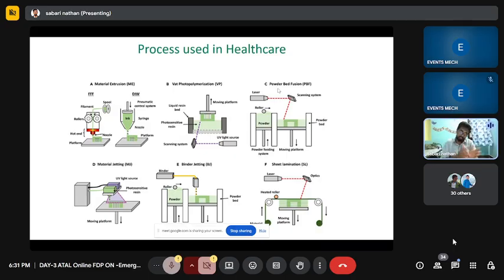Material jetting is very costly, and the patent rights for material jetting were owned by Stratasys, one of the biggest companies in 3D printing. Last year, the material jetting patent rights expired.